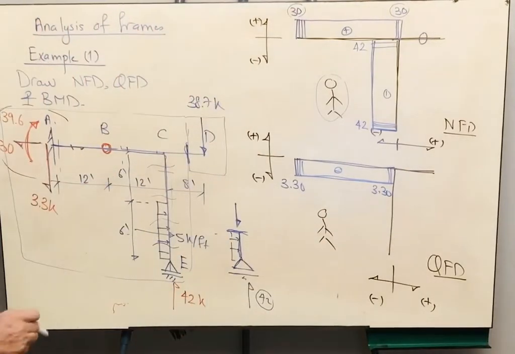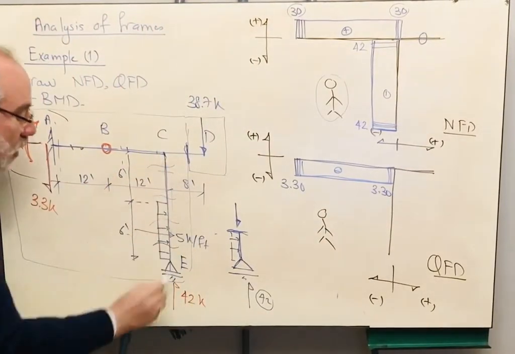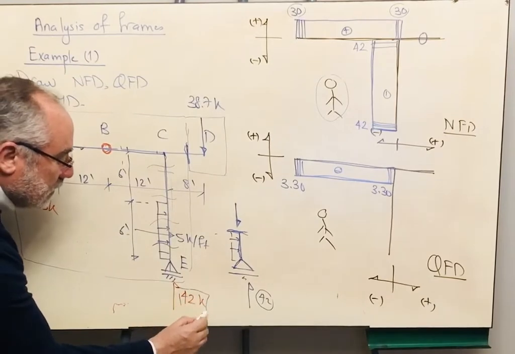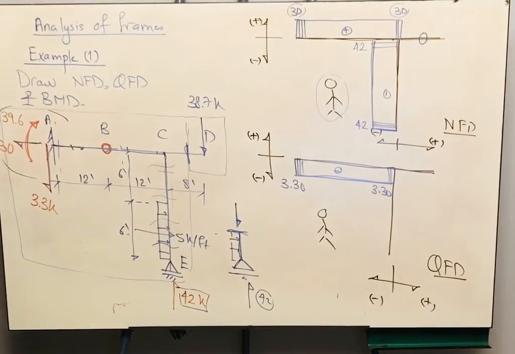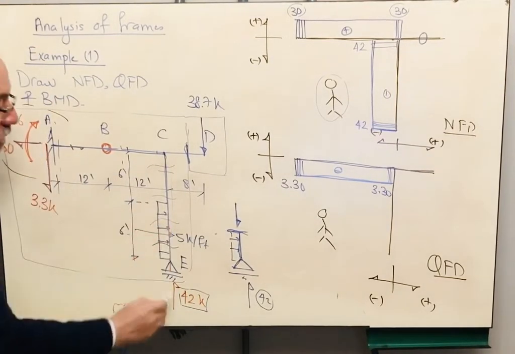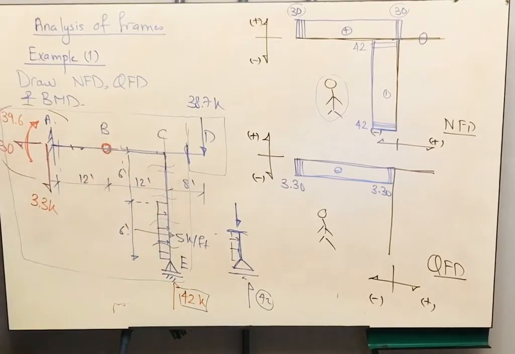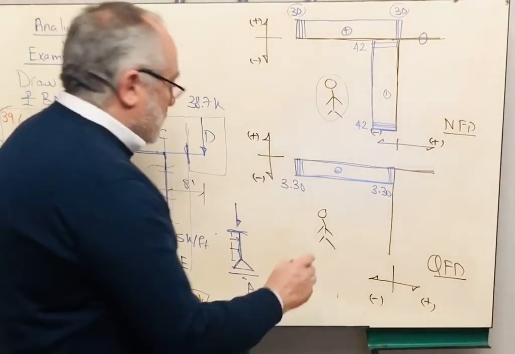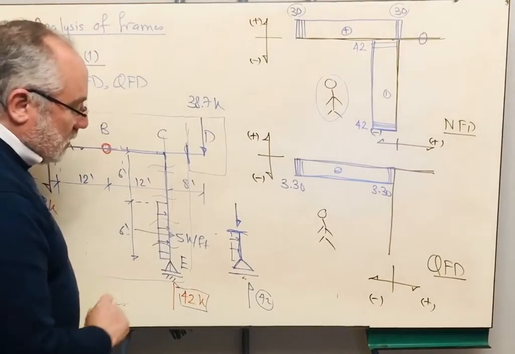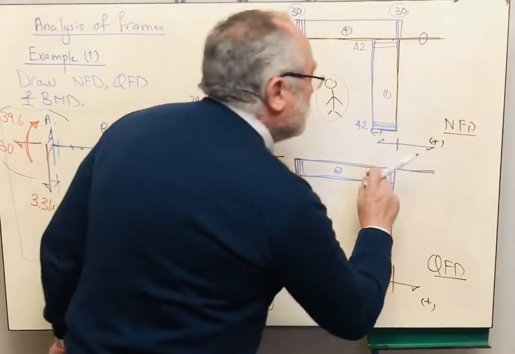Very good. At point C, we are having a sudden change in the shear because we are having the 42 kips force. So this is upward, it will cause sudden increase in the shear. We have reached 3.3 minus 42, it gives us 38.7.